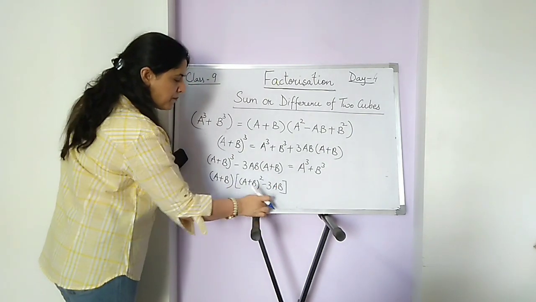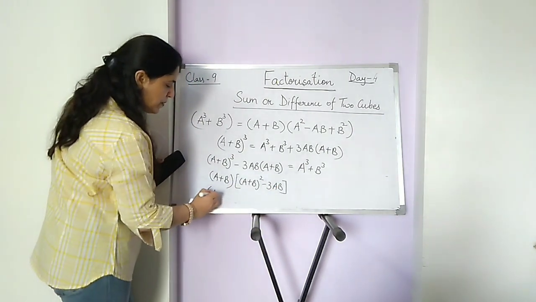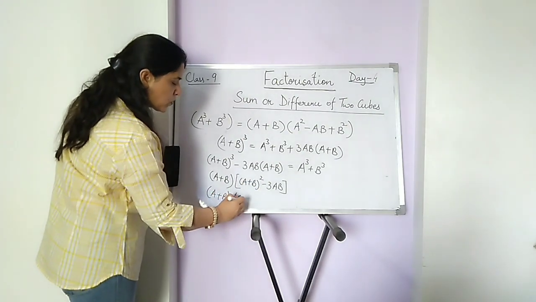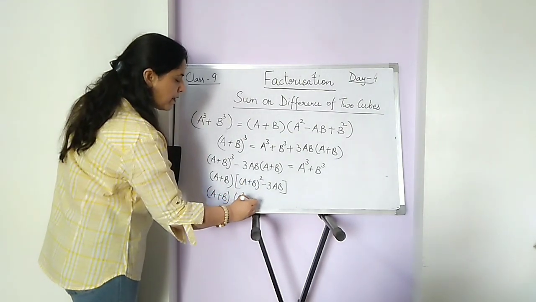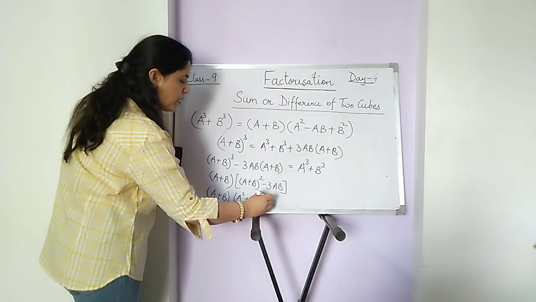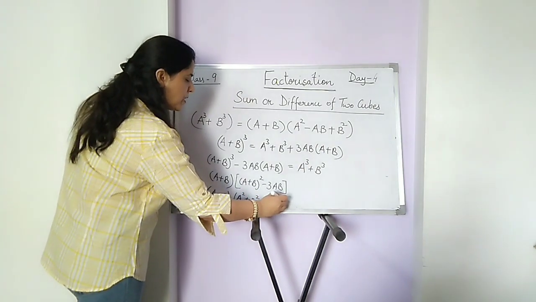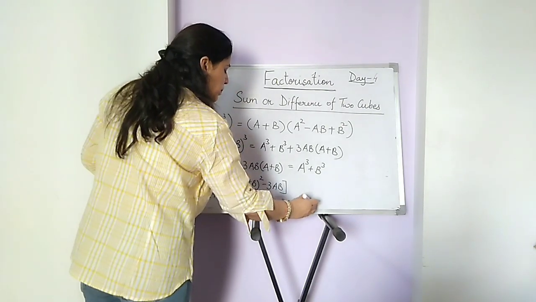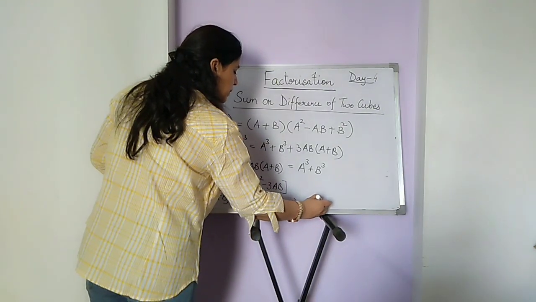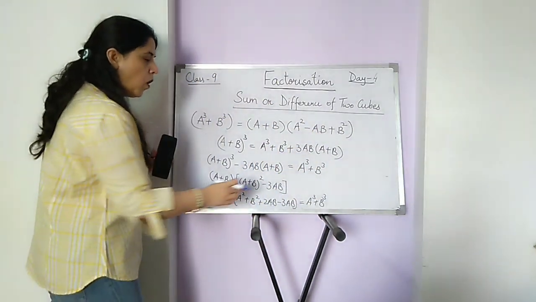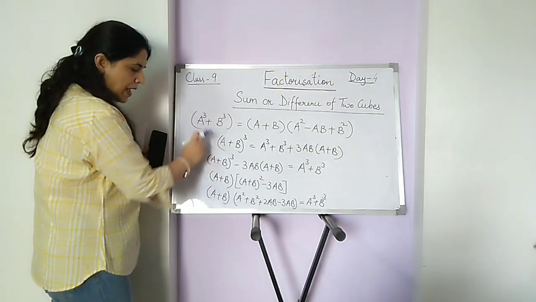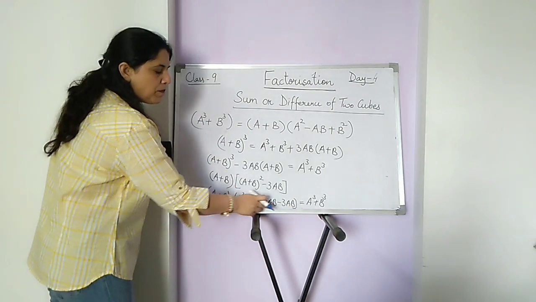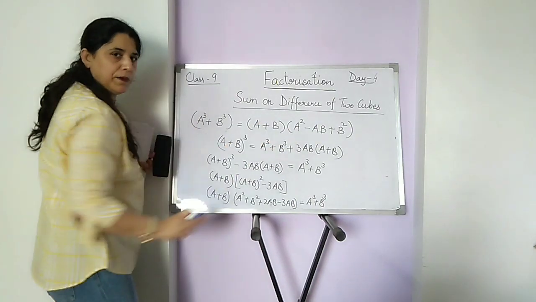Now if you further simplify this, you get a plus b into a square plus b square plus 2ab minus 3ab, which is equal to a cube plus b cube. Or a cube plus b cube can be written as a plus b into a square plus b square, and 2ab minus 3ab is minus ab.